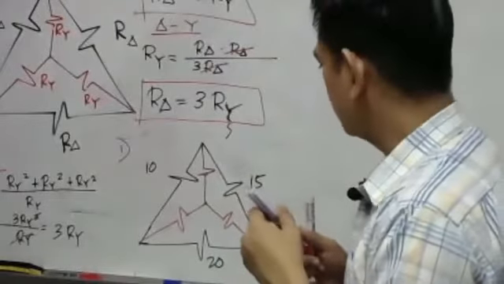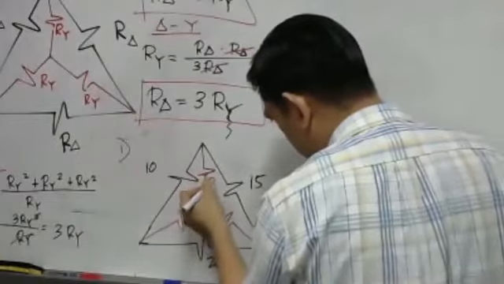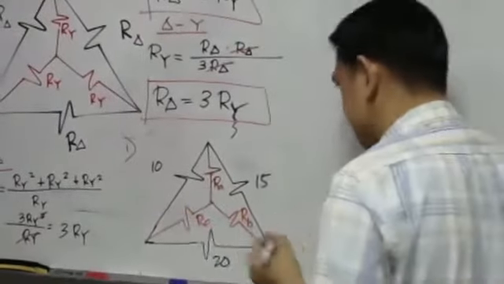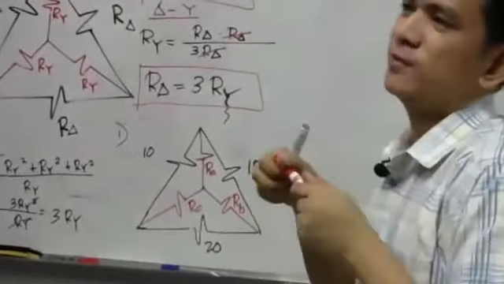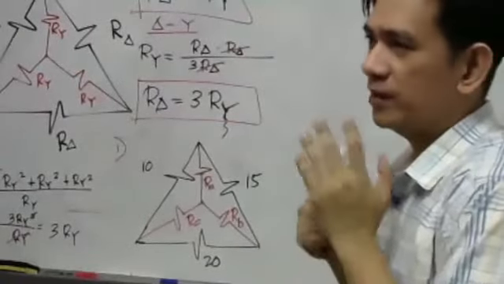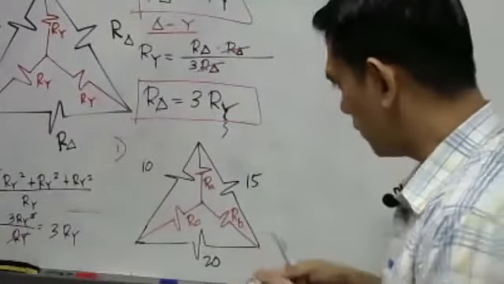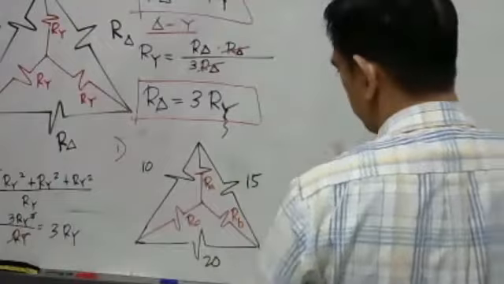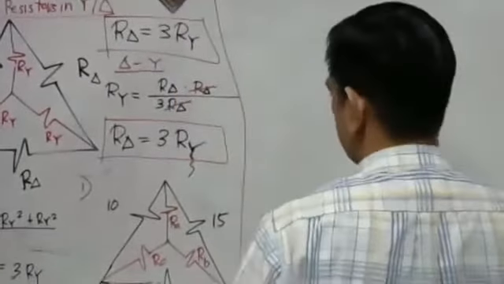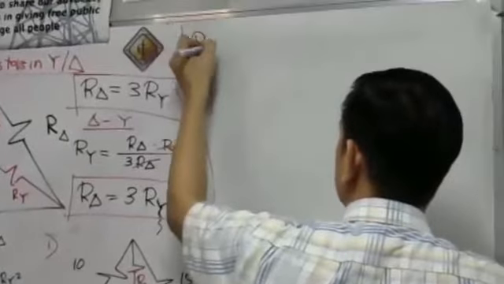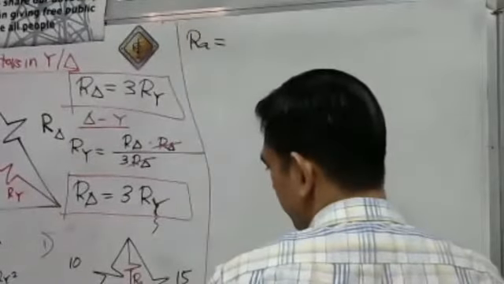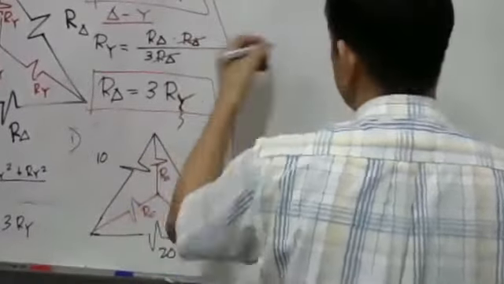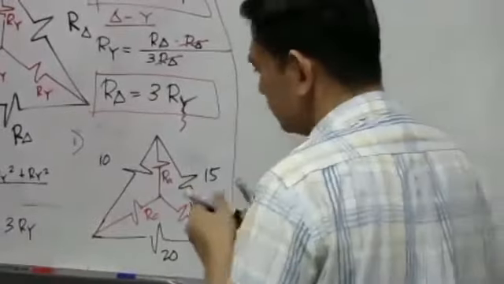Okay. So, let's say we have here our RA, we have here our R sub B, then we have our R sub C. So, the question is, what will be the resistances of the equivalent Y load, connected in Y? Okay. So, we have here our RA. Our RA will be equal to, again, delta going to Y. The given is delta going to Y. So our RA, let's use the finger method.